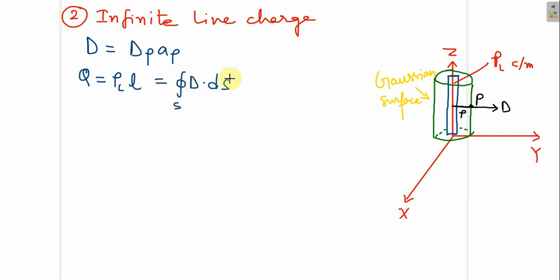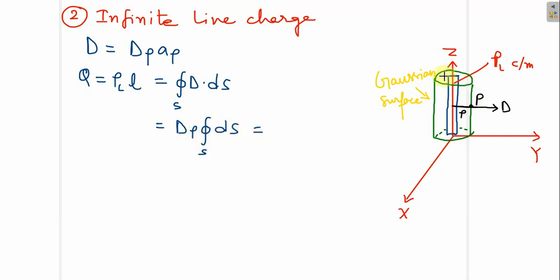In that case, since this D is acting along rho, this one is D rho and this is ds.